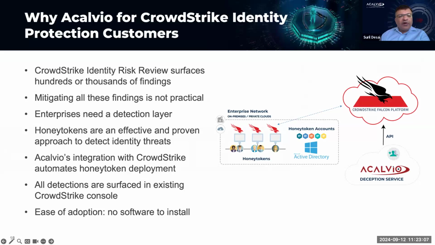Now, on the benefits of this solution for CrowdStrike Identity Protection customers: CrowdStrike Identity Risk Review typically surfaces hundreds or thousands of findings. In any enterprise environment, Active Directory always has certain misconfigurations that creep in over time. Mitigating all of these findings is not really practical because there are always business considerations.